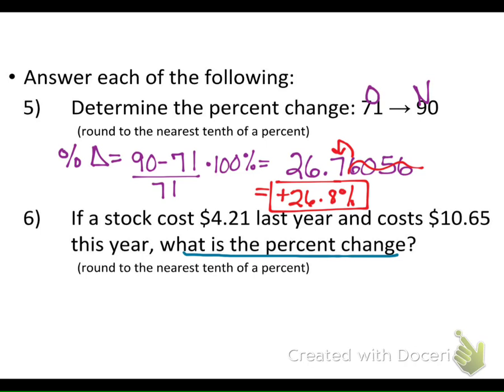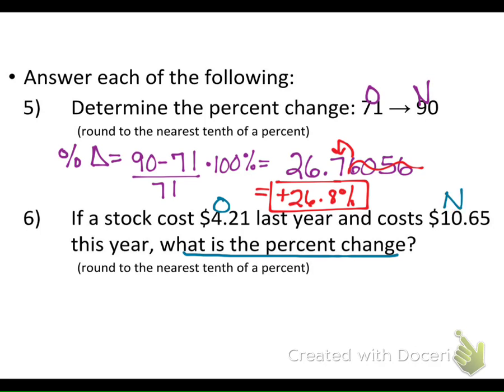Yeah, percent change. Didn't we just do percent change? Yes, you did. So we're using this exact same formula to solve this. Before we start, we need to identify our old number and our new number. What's my old number, or my original number? $4.21. And my new one? $10.65.